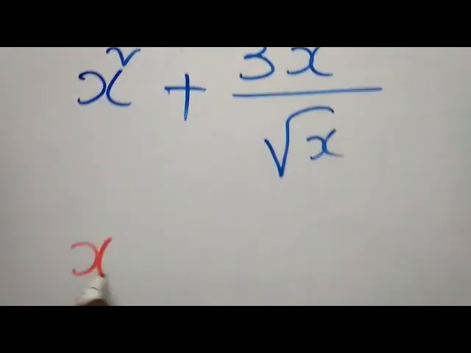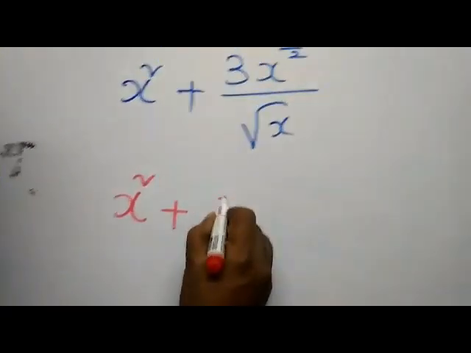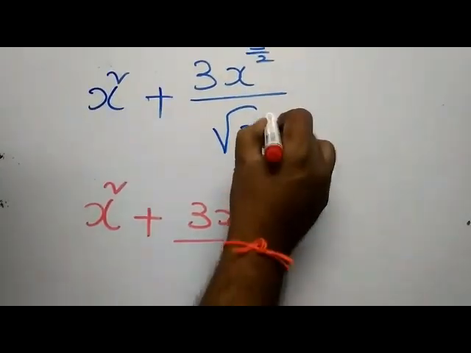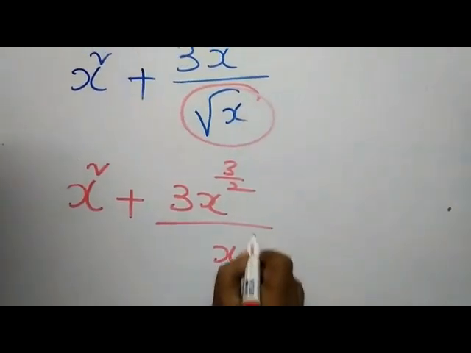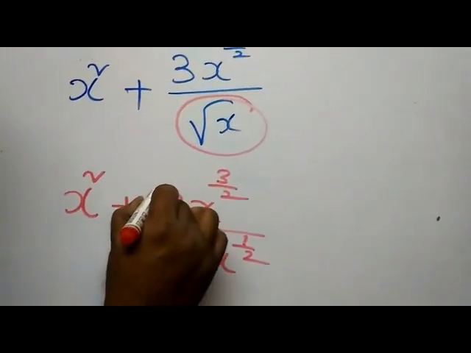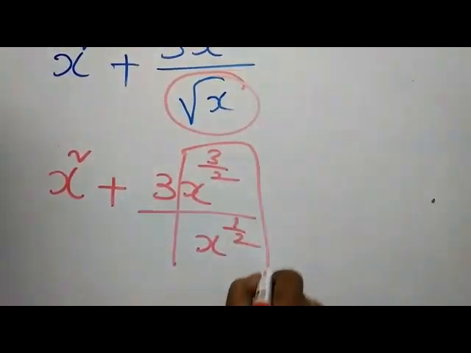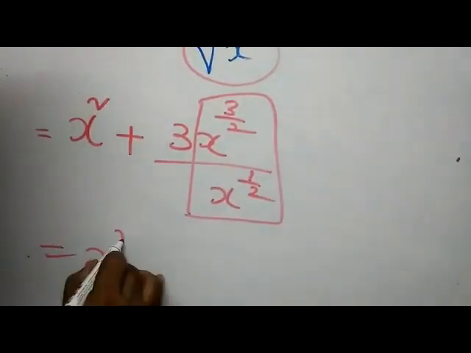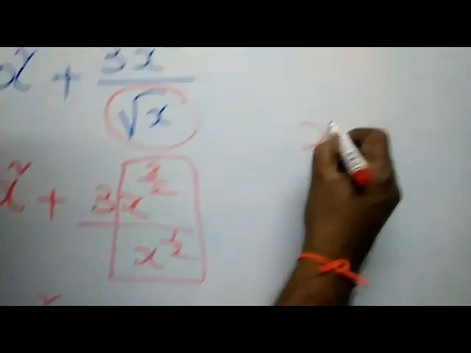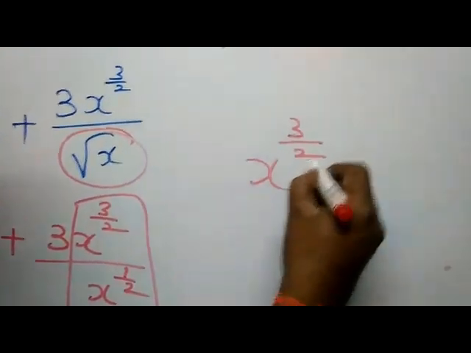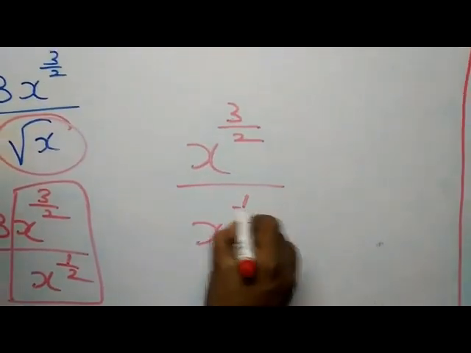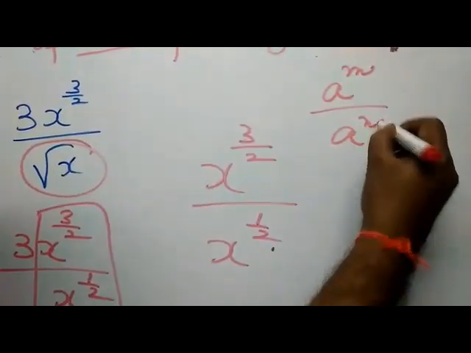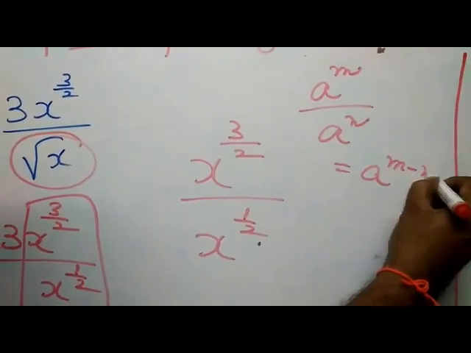So listen, x square plus 3x to the power of 3 by 2 by root x. Here root x we can write as x to the power of 1 by 2. Let us simplify this part. This is nothing but x square plus, writing separately, x to the power of 3 by 2 by x to the power of 1 by 2. We have a formula: a to the power of m by a to the power of n is equal to a to the power of m minus n.